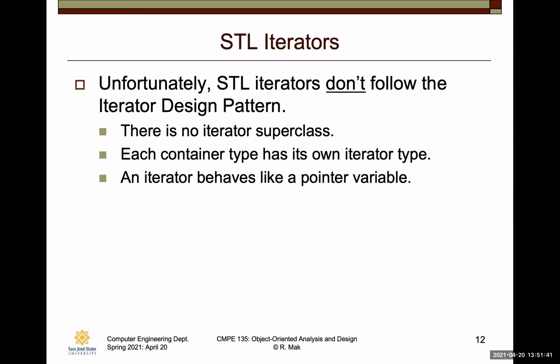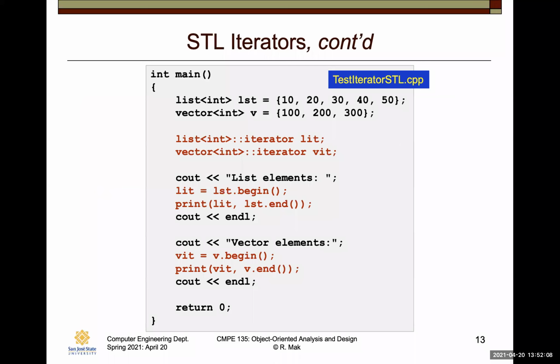Given that the STL does not have an iterator superclass, truly each container has its own iterator type. And the way the STL does iterators is that an iterator actually behaves very much like a pointer variable. All right, so let's take a look at how we would do this with the standard template library.